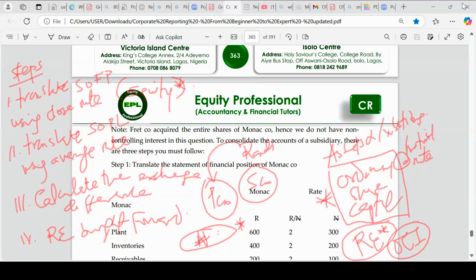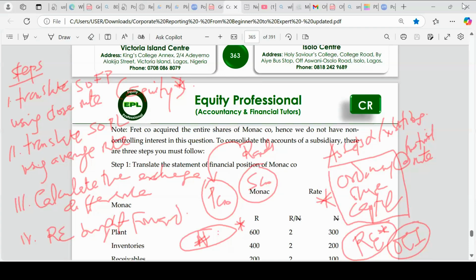So let me ask, do we understand the steps? The steps are very straightforward. I am translating the SOFP of the subsidiary into the presentation currency using the closing rates. I am also going to translate their P&L figures into the presentation currency using the average rates. Then step 3, the exchange difference. We expect that there's going to be an exchange difference.